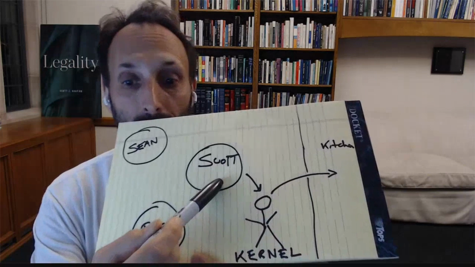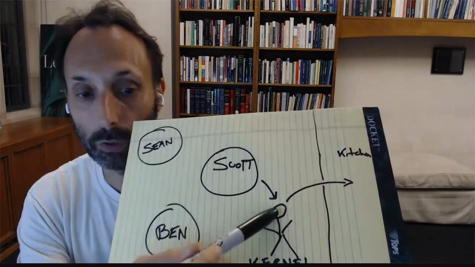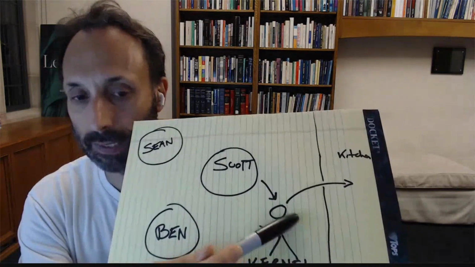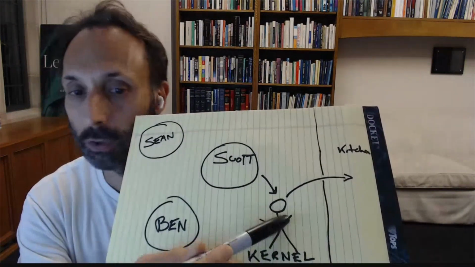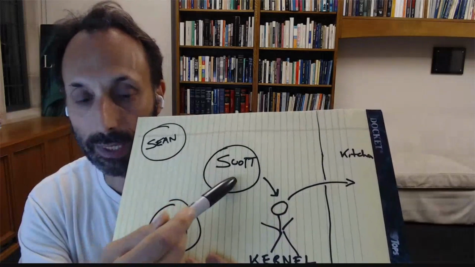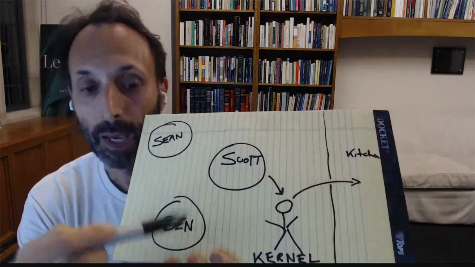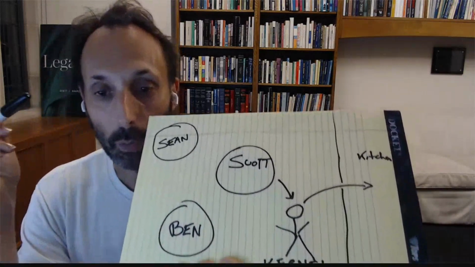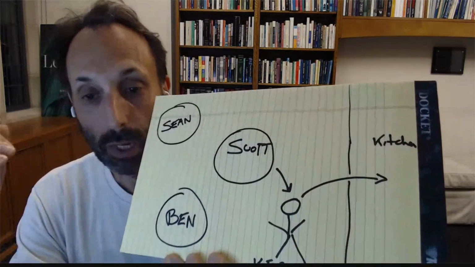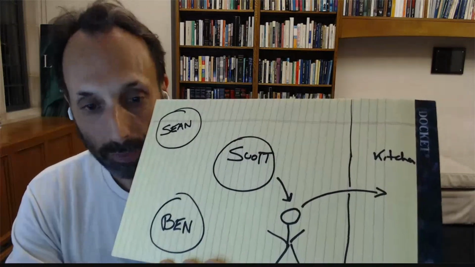But if I actually want Sean's food, the kernel will look at its list of permissions and say, no, you can't get Sean's food. I can only get you your food, or maybe Ben's food because you're here as a group. So the way operating systems control access over resources is through allocating permissions.